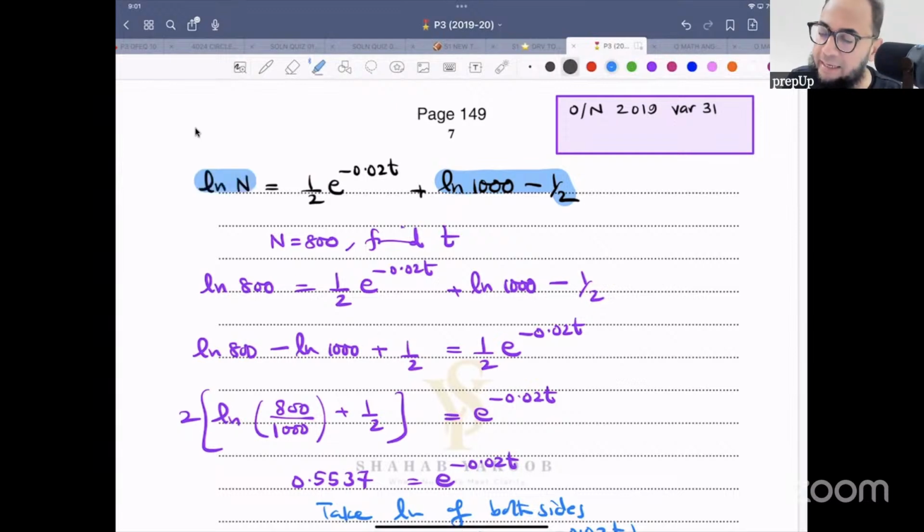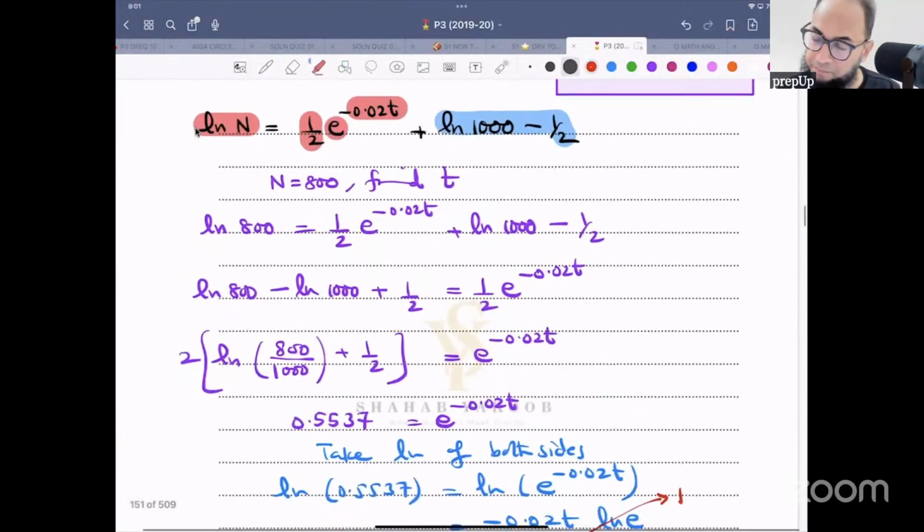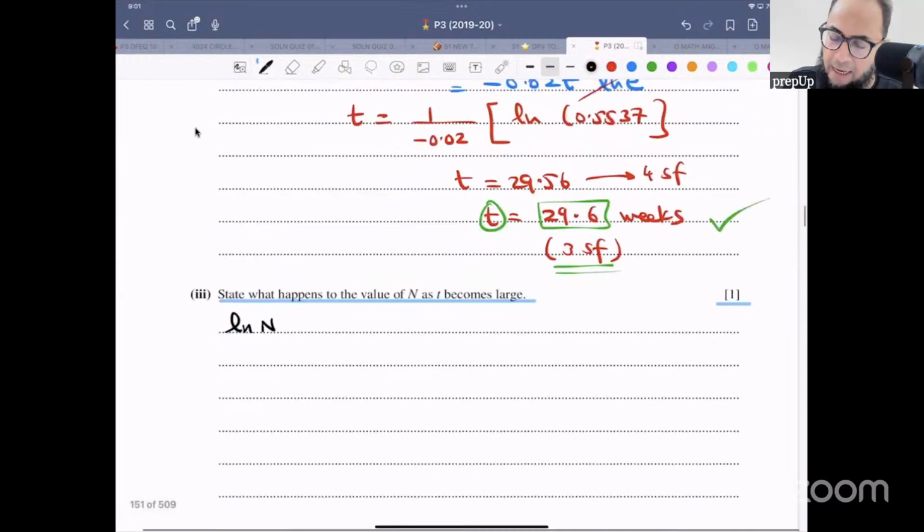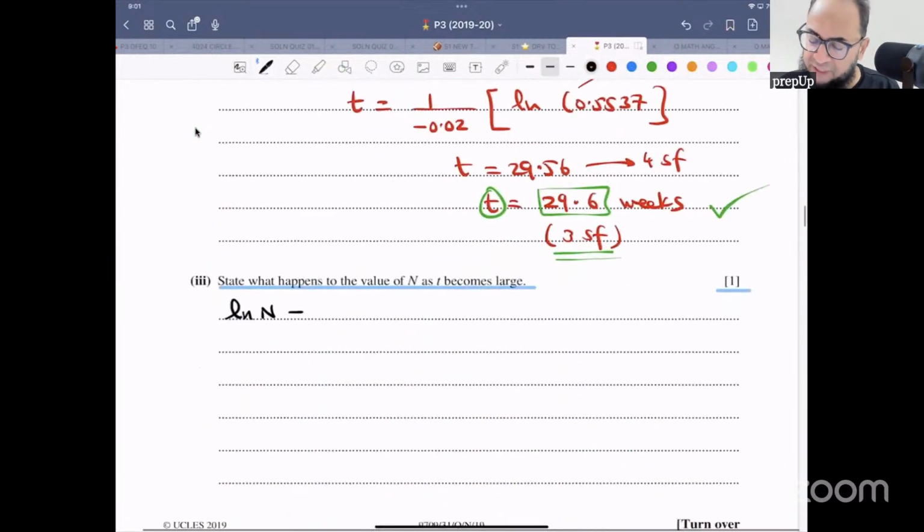There is ln n. Let me choose another color. So that's ln n. That is half e to something, and this thing is there. So let me start picking up things from here. Let me write over here, that is ln n, and this positive ln 1000, take it the other way. ln of 1000.